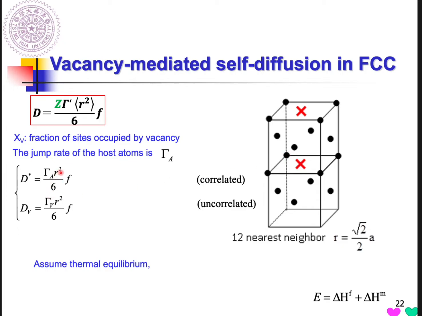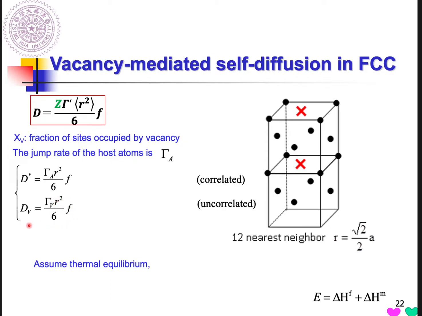Using the same idea, the diffusivity of the vacancy uses the atomic jump rate for the vacancy and the small nearest distance for the vacancy to jump into the lattice point, or exchange location with an atom, which is small r squared.